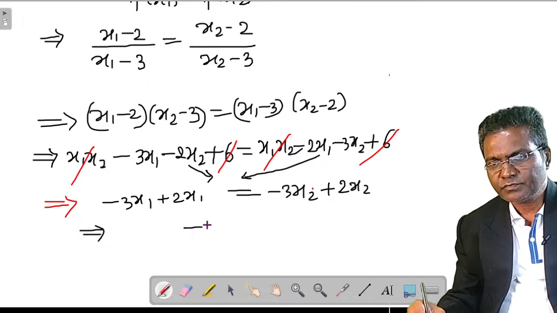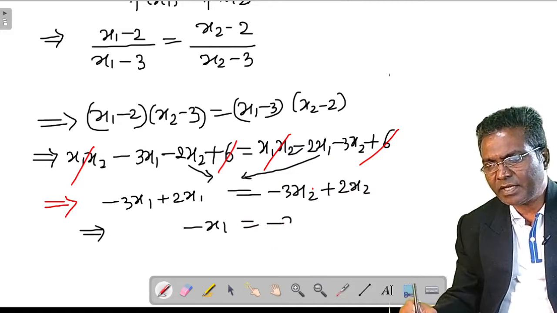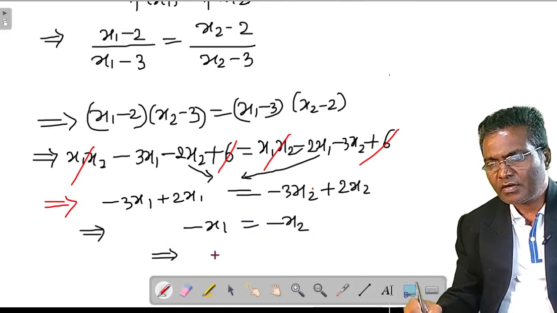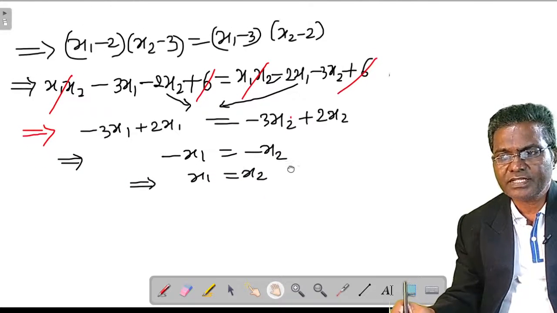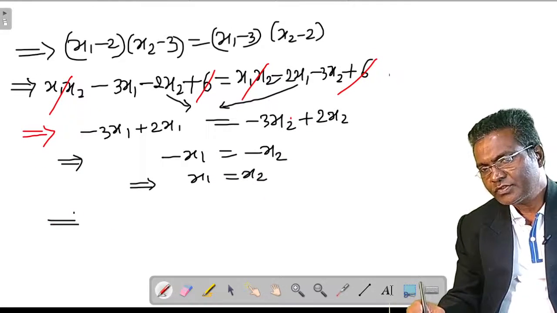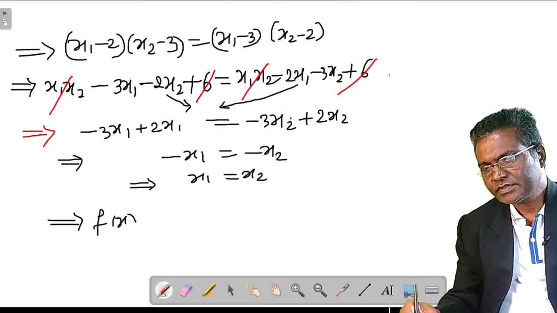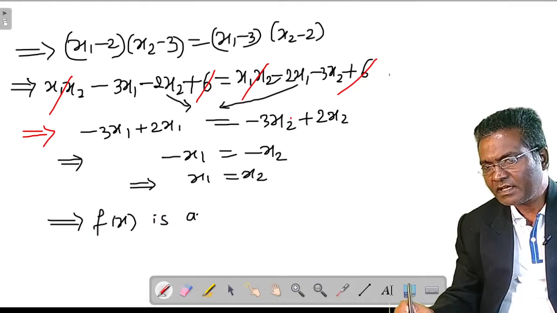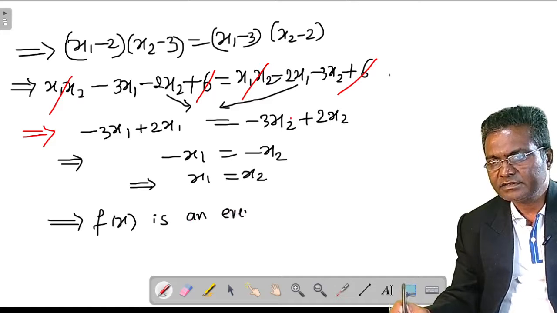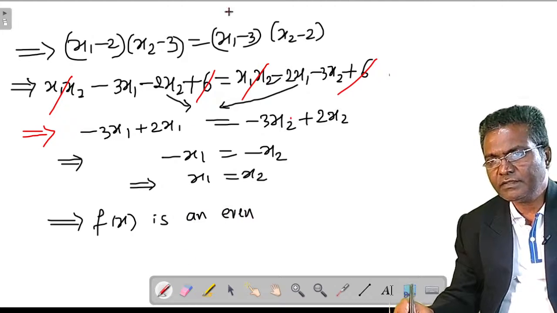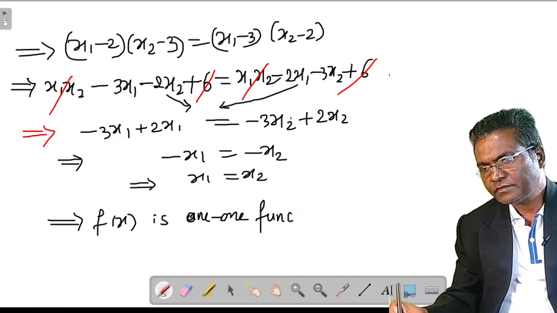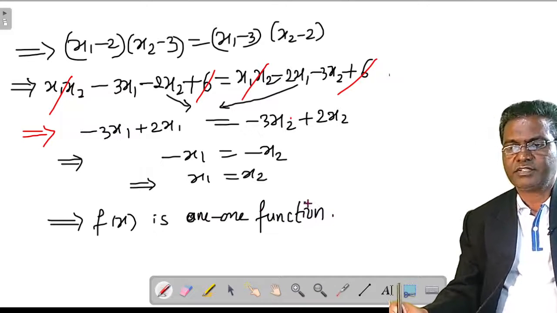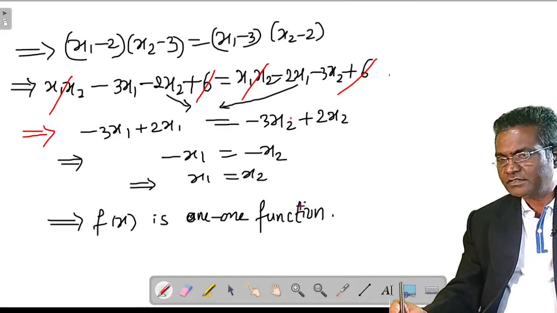That gives you minus x1 equal to minus x2, or you can write x1 is equal to x2. So this implies f of x is a one-one function.